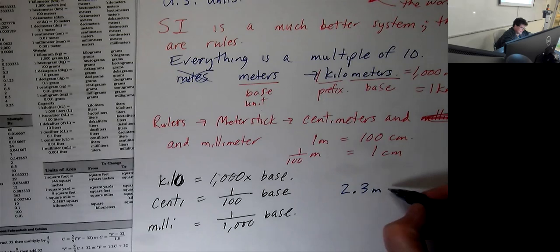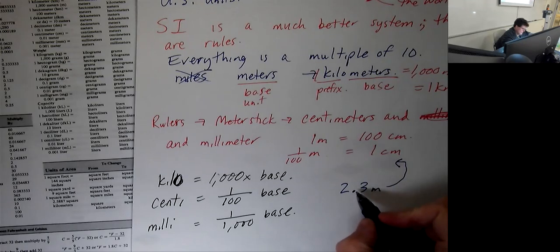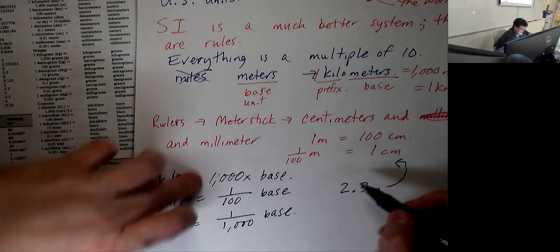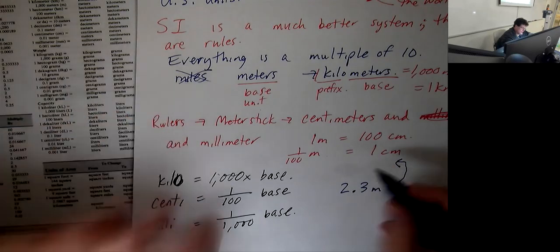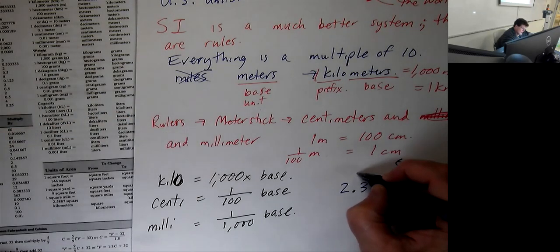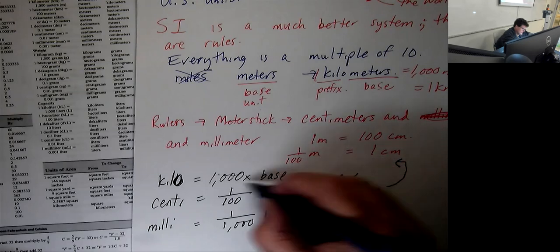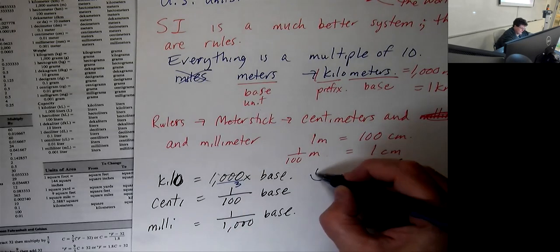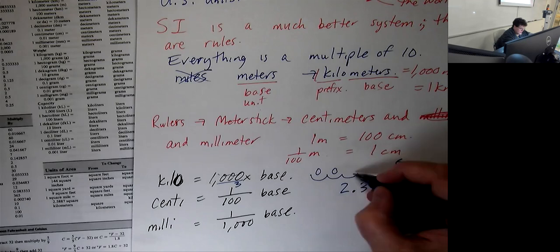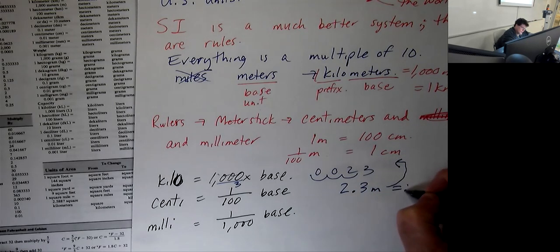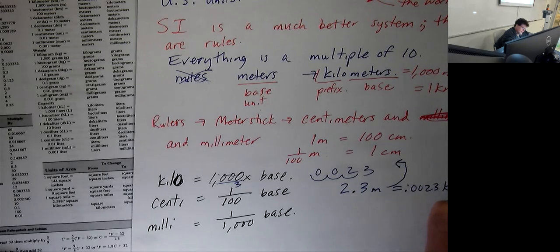If I want to go to kilo, if you want to go up in size where 1,000 of these is 1 meter, you got to move it to the left. 1, 2, 3, count the zeros, 3 zeros. I'm going to move it left 3. So I will have 0.0023 kilometers.